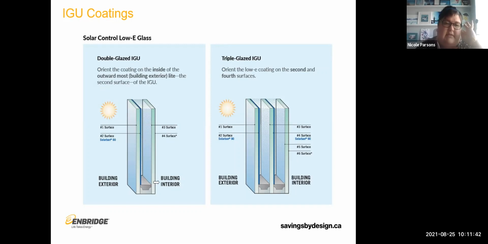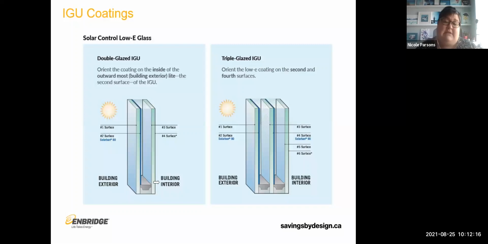And then the other big thing with windows, because windows are pre-manufactured in a factory, there's a lot more quality control. The big issue is that perimeter detailing when you're on site and you're installing those windows. I would say that it's relatively rare that it gets missed entirely, but it's fairly common and a fairly easy thing to do if there's a corner missed.